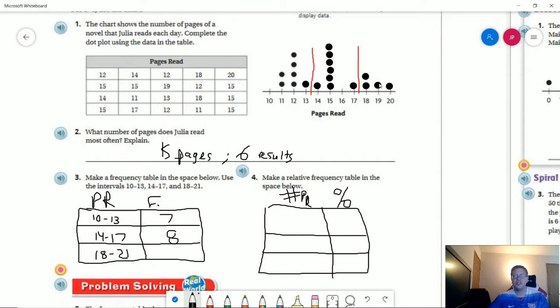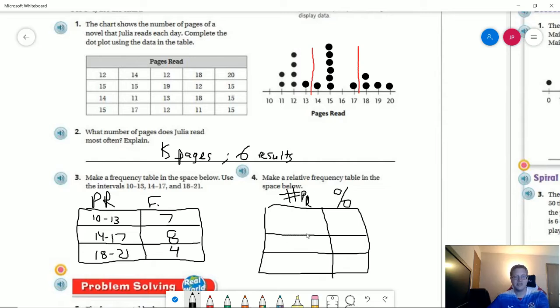And then I have 1, 2, 3, 4 for the last one. And so a frequency table is just going to tell us, if I had filled this out properly, it would be pages read for this, and then the frequency, and then we have our numbers that go with that, and then we would have the number of results here.